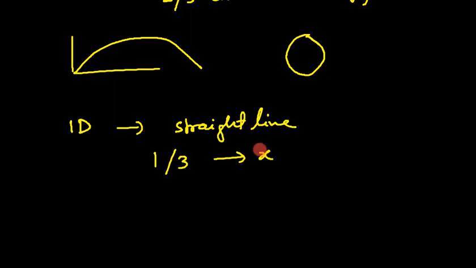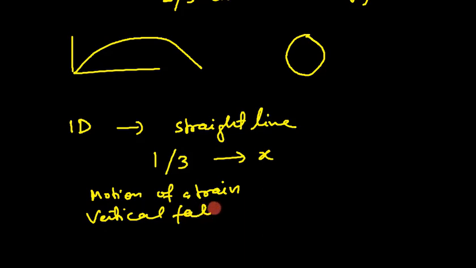Say, for example, the x coordinate is changing with time. So the motion of a train along a railway track, or the vertical fall of a stone. These kinds of motion come into this category.